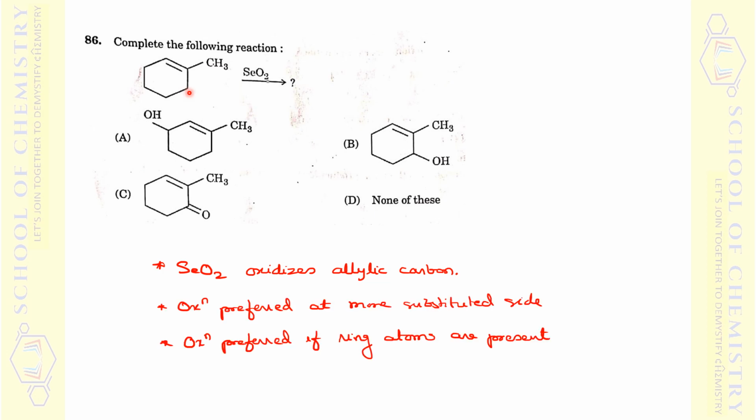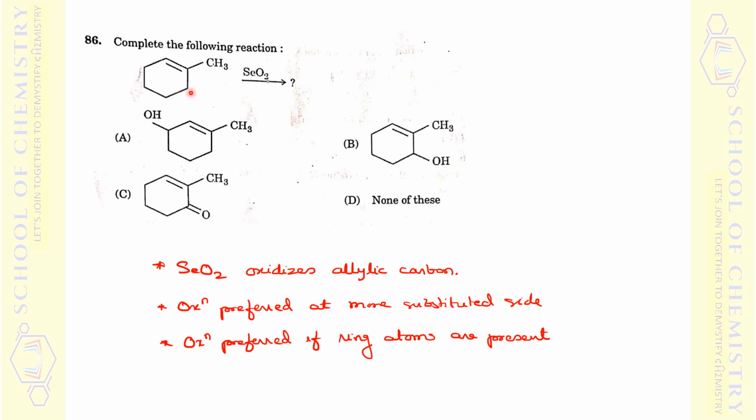For that we should know these facts also, that selenium dioxide oxidation happens at the more substituted side. If you consider these two carbon atoms, this side we have two substitutions, this side just one substitution. So this side is actually the more substituted one, and we should expect oxidation here. Between these two, this is a carbon atom which is involved in the ring, whereas this is not.